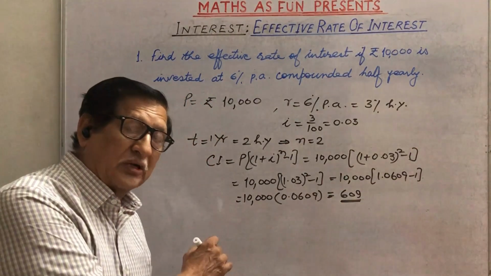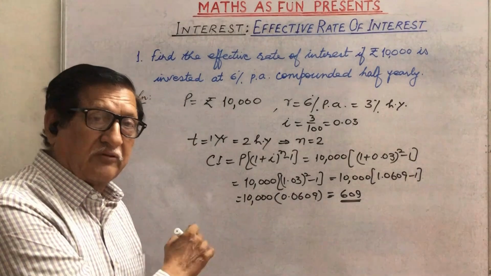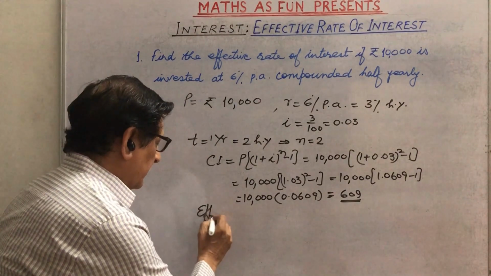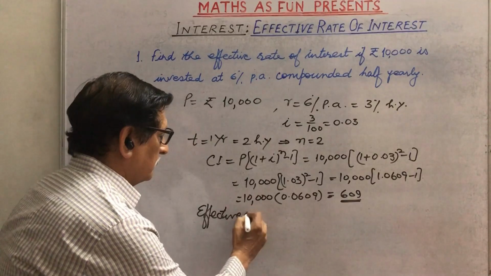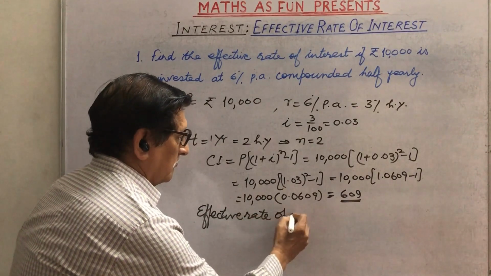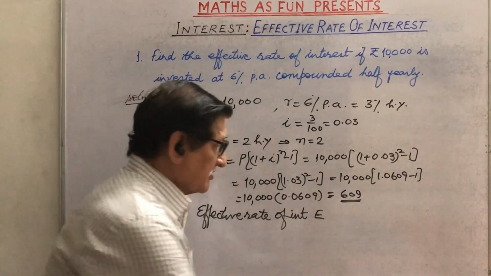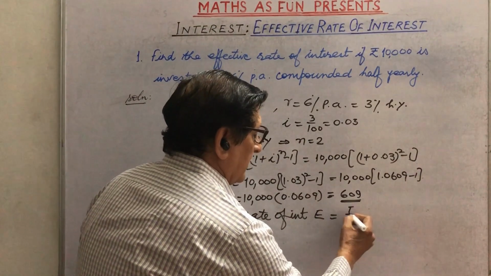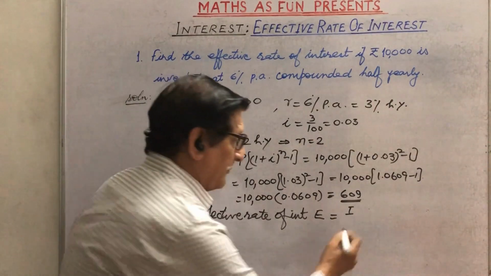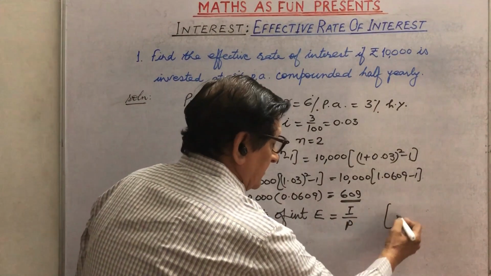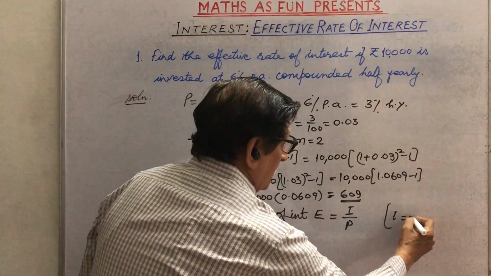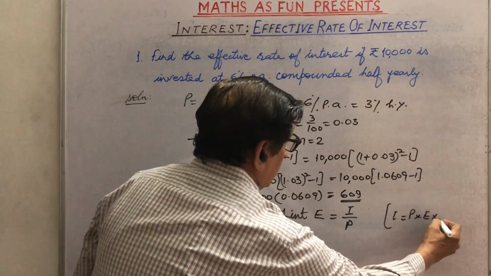Now we want to calculate the effective rate of interest. Effective rate of interest, E, capital E, is equal to I upon P, because we have learned I is equal to P into E into 1.